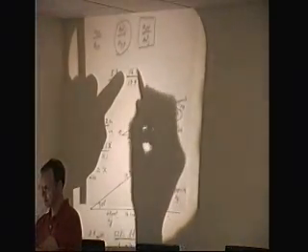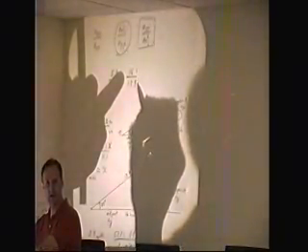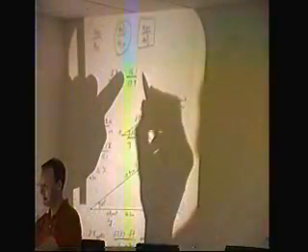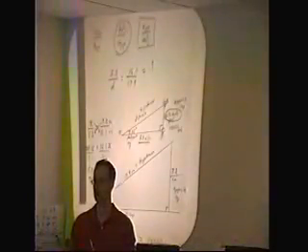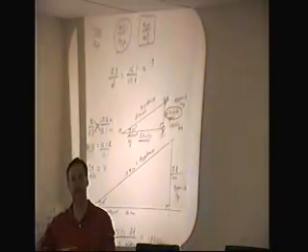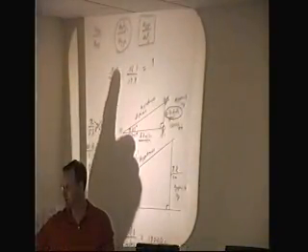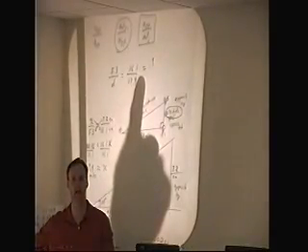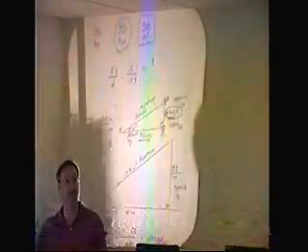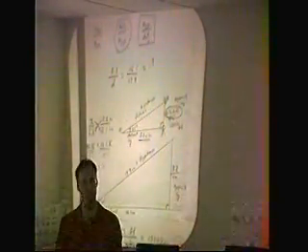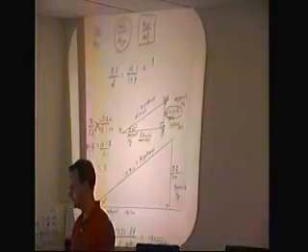You should get approximately 0.9, don't you? Didn't everybody get 0.9? That's because you have an adjacent over hypotenuse with this similar triangle. Everybody's is similar. That's why it works.